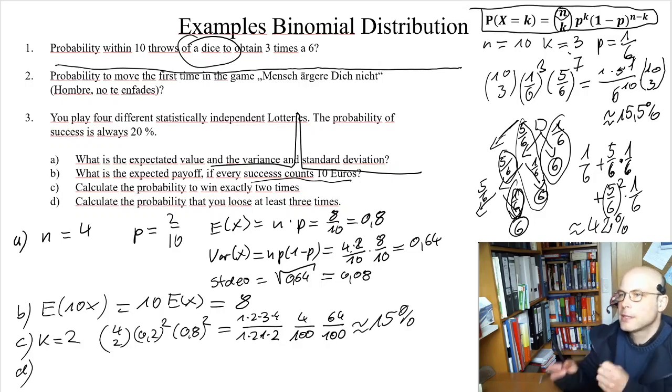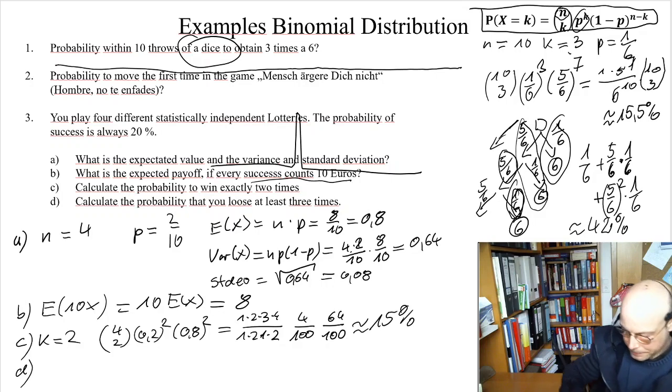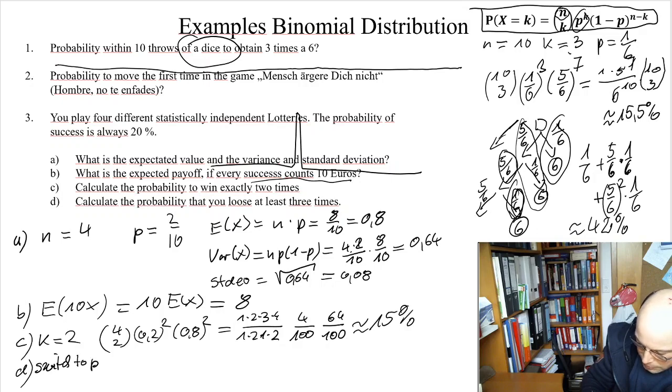And for this, we just can switch around the probability here. If we are asking for the probability to lose, then we just put in for P 0.8. So this means switch to P equals 0.8.